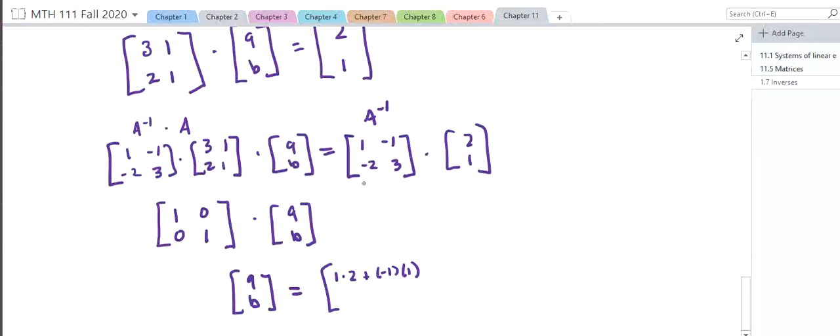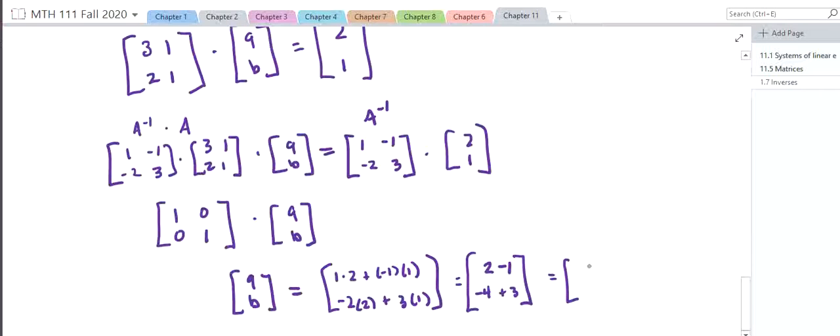And then for our second, we have minus 2 times 2 plus 3 times 1. So simplifying, this equals 2 minus 1, and minus 4 plus 3. I'll do this and then I'll go back and check for mistakes. So this results in 1, minus 1.